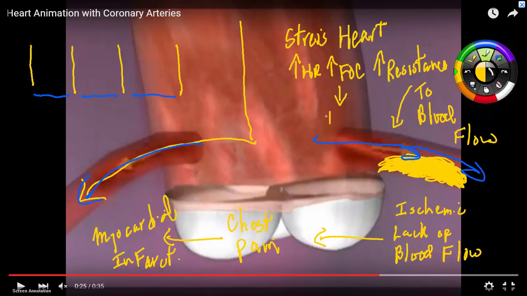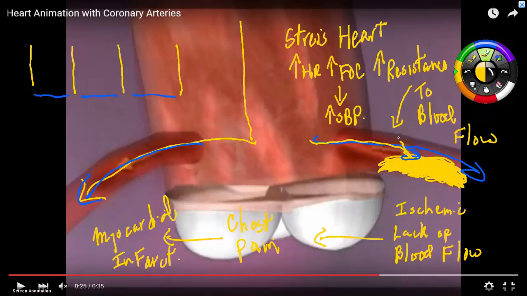Meaning an increase in the systolic blood pressure. So if your heart rate is high and your systolic blood pressure is high, that means your heart has to work more. And in order for that muscle to contract, it needs oxygen. Where does it get the oxygen from? It gets it from the coronary arteries.